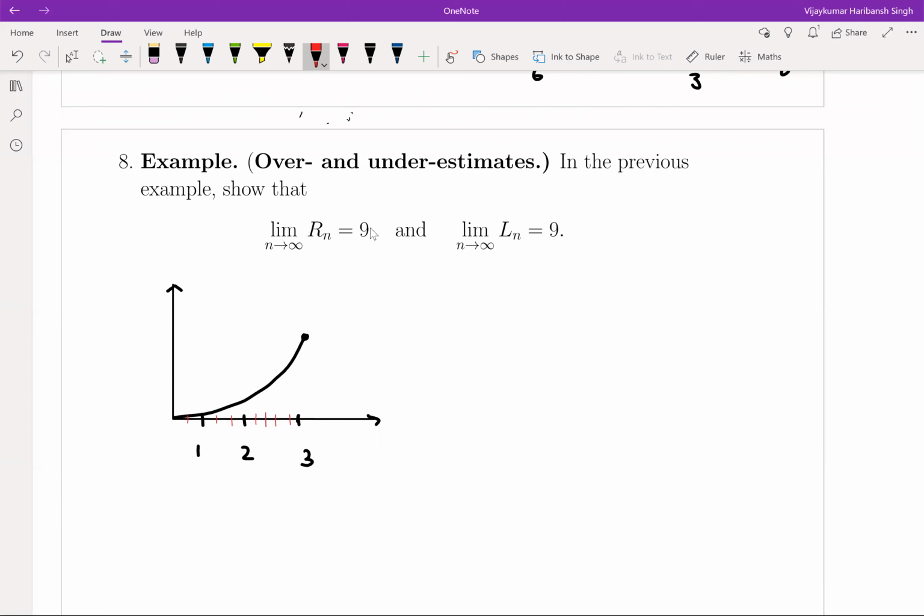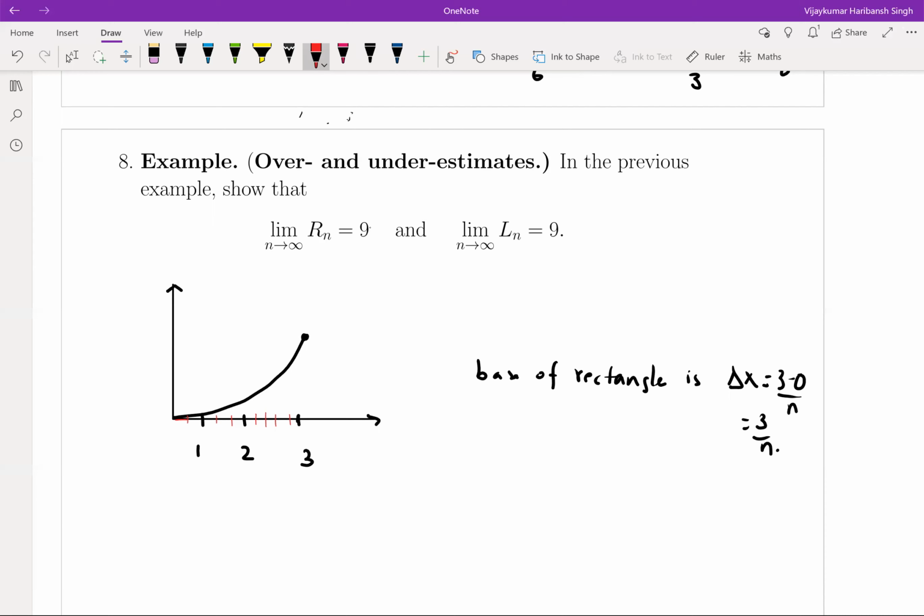If you look at each of these rectangles, the base of the rectangle is again delta x, which is again going to be b minus a over n, 3 minus 0 over n, which is 3 by n.